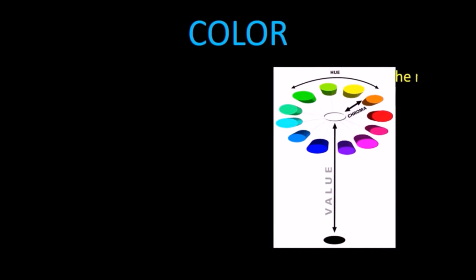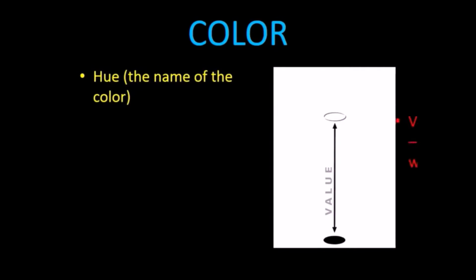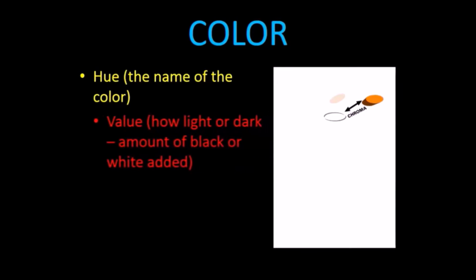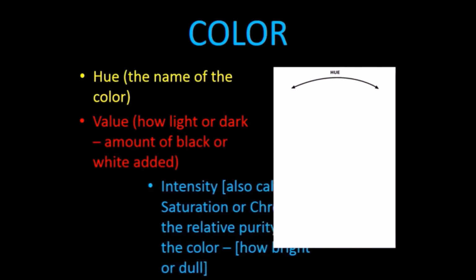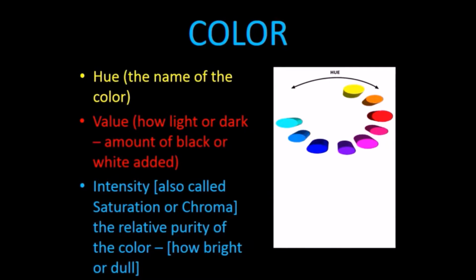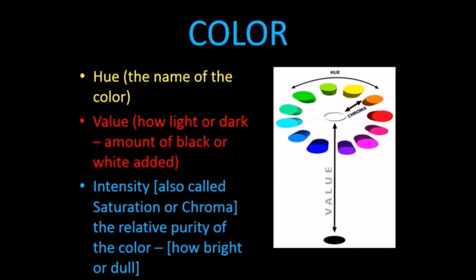The next element, color, has three aspects: the hue, value, and intensity. White is pure light. Black is the absence of light. The primary colors are the only true colors: red, blue, and yellow.